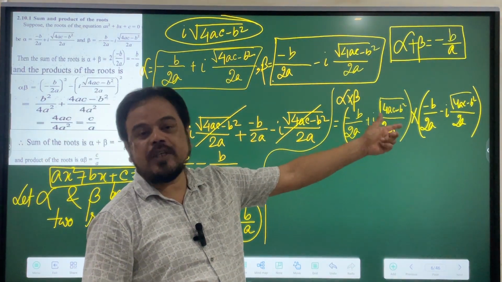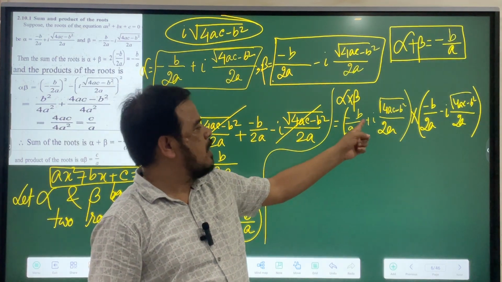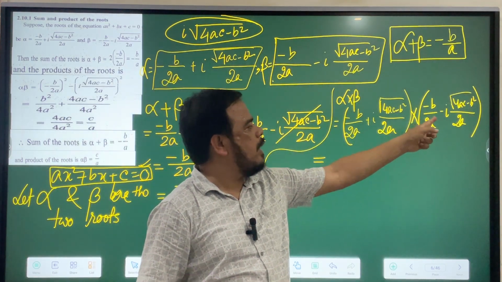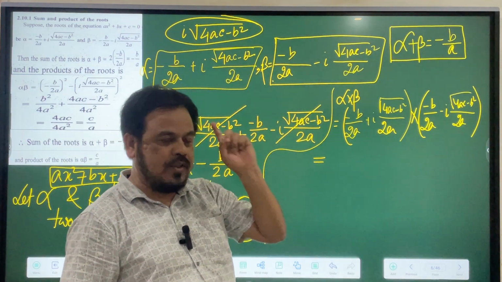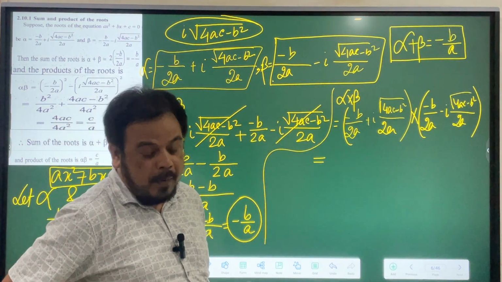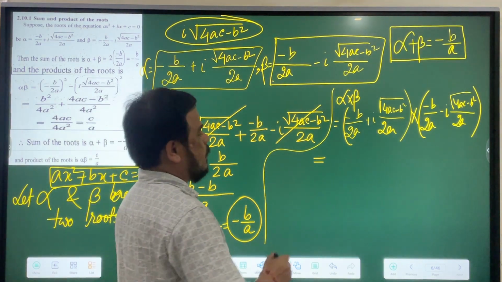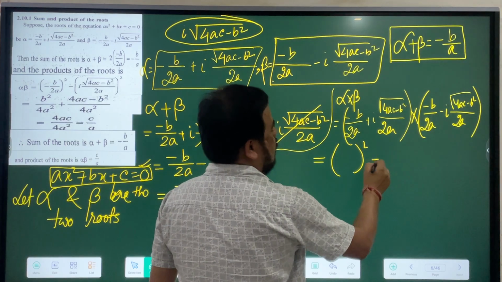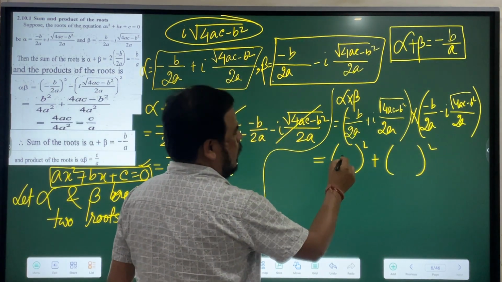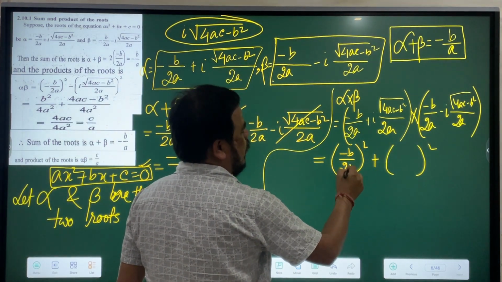Both are conjugate to each other. You look here. a plus ib into a minus ib will be a square plus b square. We already got this formula in the first part of this chapter. a plus ib into a minus ib is a square plus b square. What is a? Minus b by 2a.